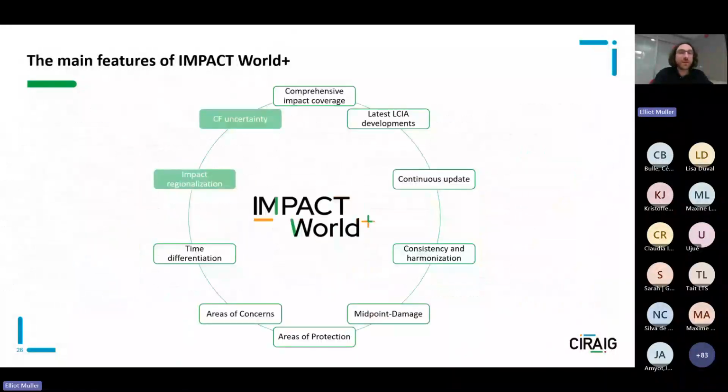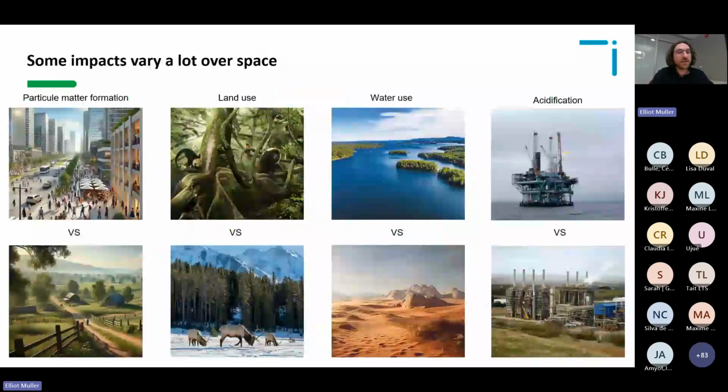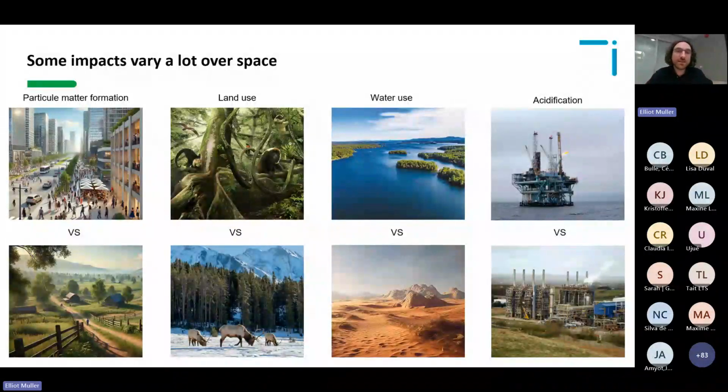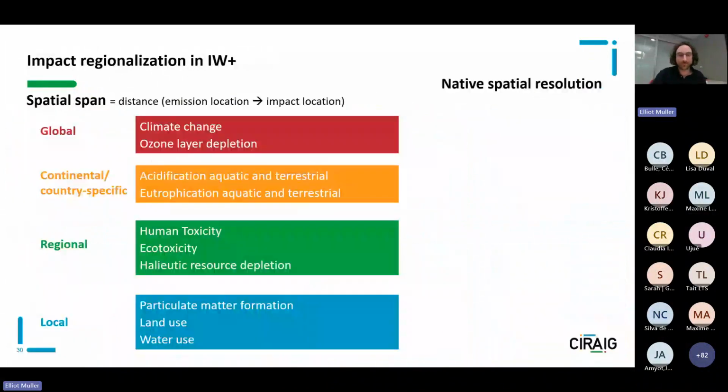Finally, the two last main features of Impact Office are regarding regionalization. We recognize that some indicators and some environmental impacts differ depending on the region where they take place, and different ways of defining and differentiating those regions can lead to different impacts.